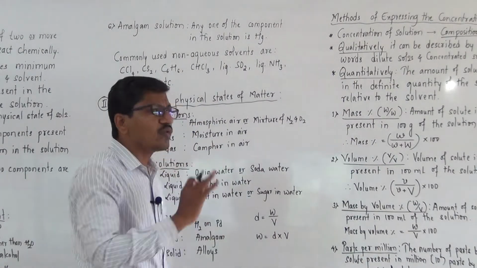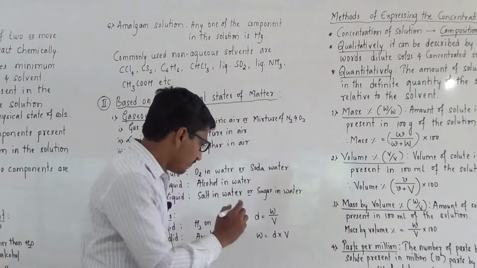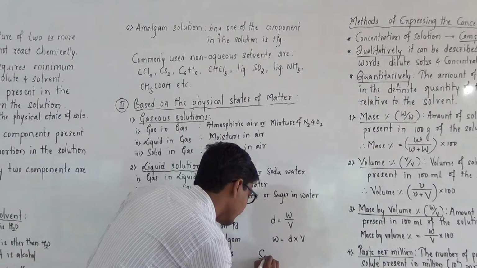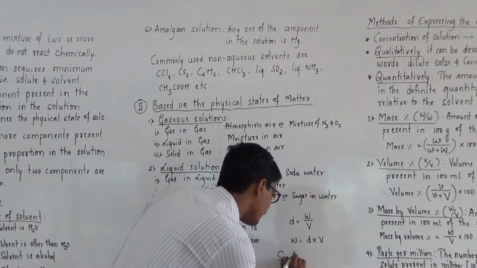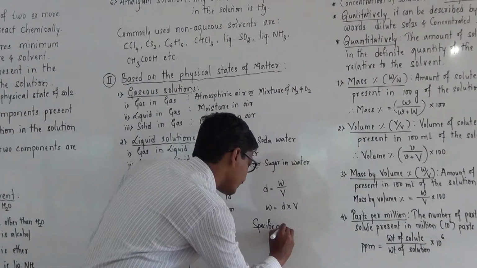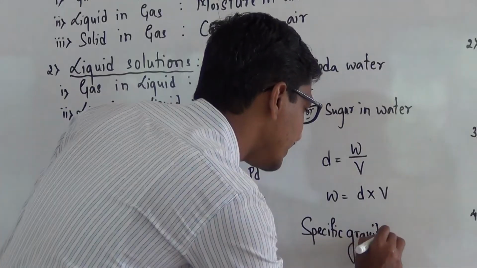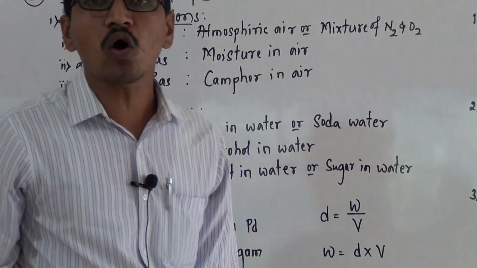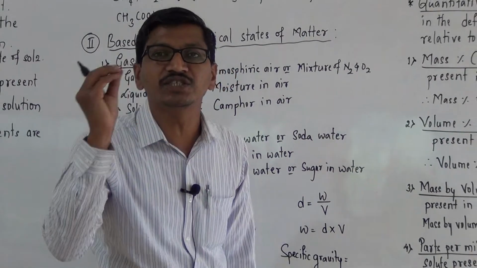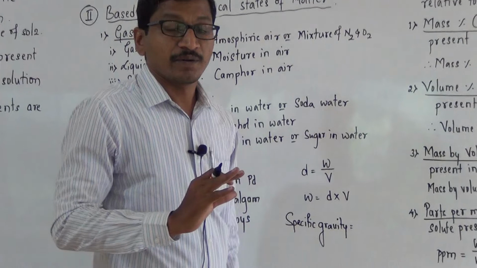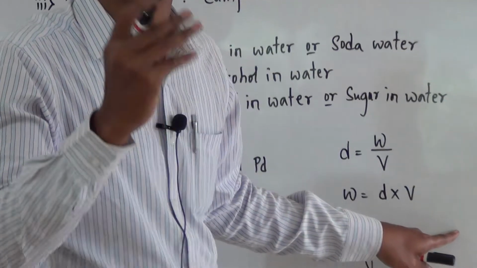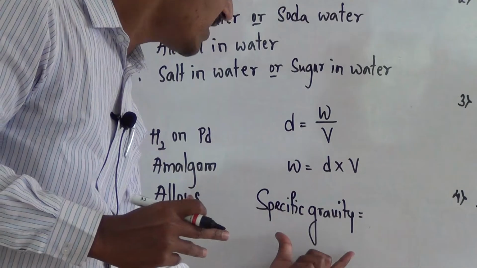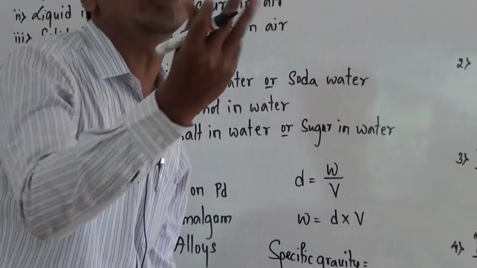And one more very important term is specific gravity. It is the ratio of the density of the solution to the density of water, which is nothing but specific gravity or relative density.